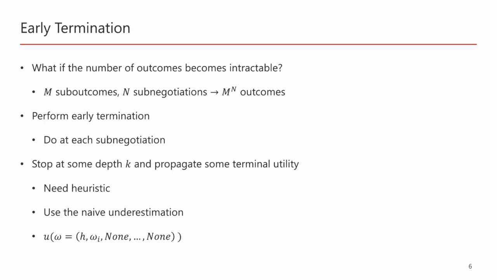Then, instead of calculating the expected utility of its children, since we stopped at the depth, we use a naive underestimation heuristic, which was given to us by the Python package known as SideUFun, where we take the state of all sub-negotiations that have happened, and then we assume that no future negotiations will reach agreement. This is what we use as our heuristic and our base to start propagating up.